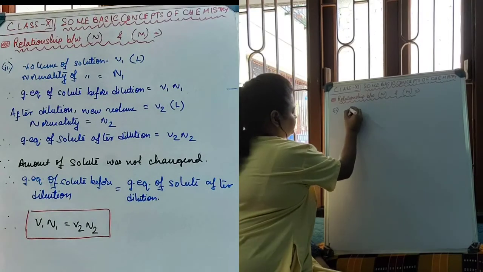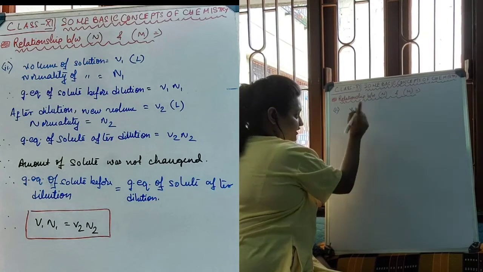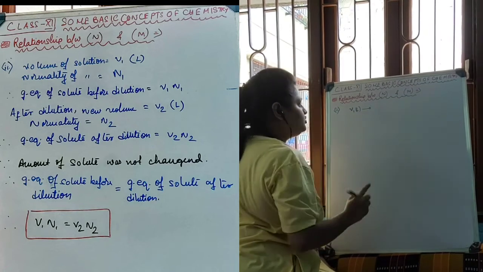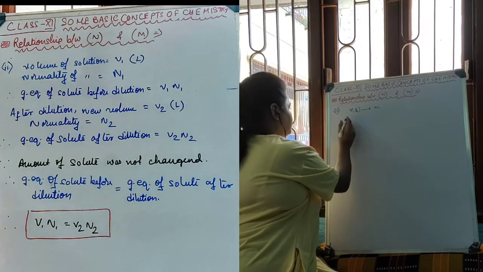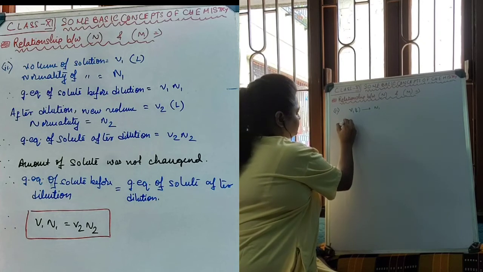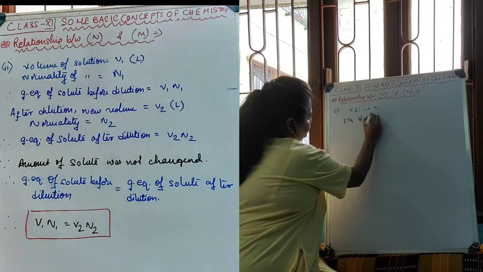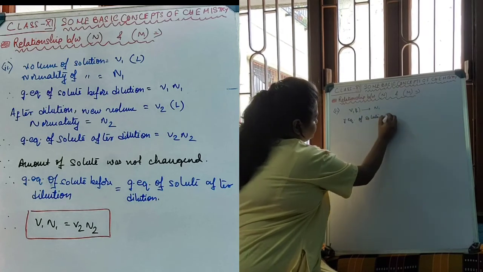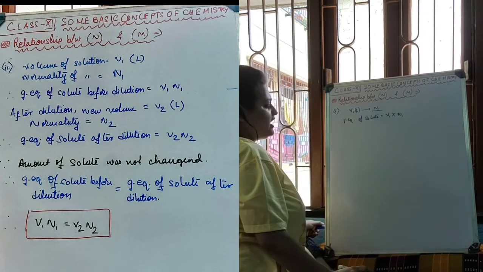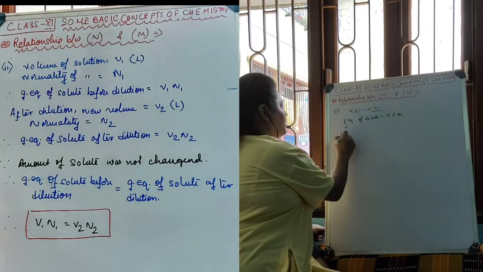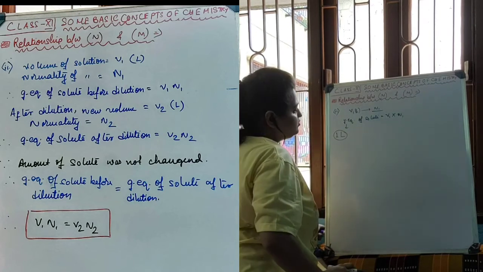Let's assume a solution having a volume of V1 liter has a normality N1. Therefore, the gram equivalent of solute dissolved in the solution will be V1 multiplied by N1, because normality is the amount of gram equivalent in 1 liter. In 1 liter, the gram equivalent is N1.